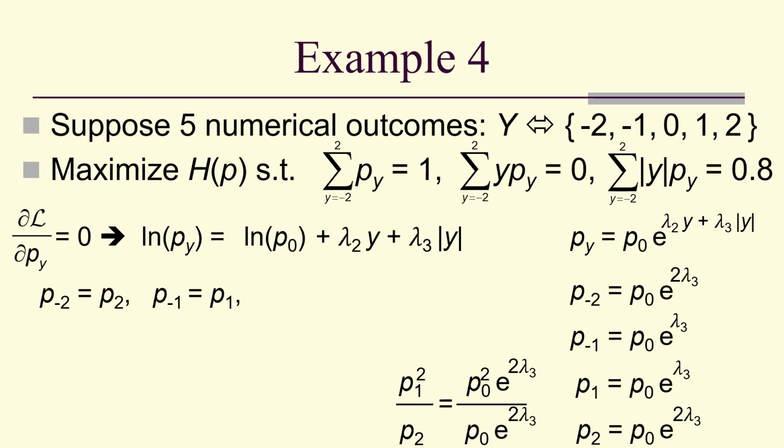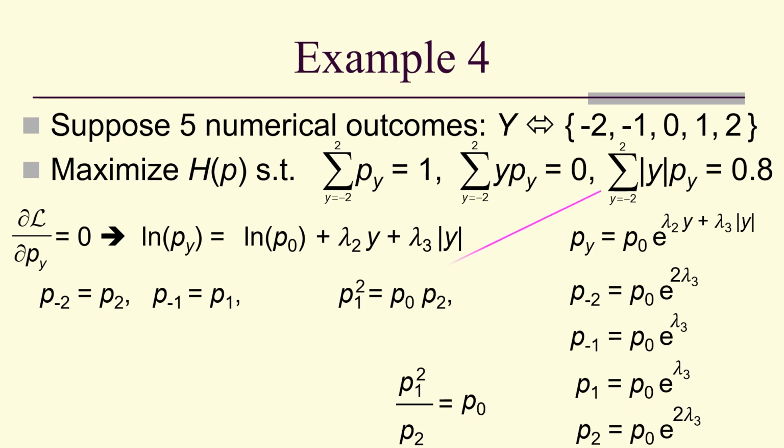But then if I divide by p2, that's the same as dividing by p naught e to the 2 lambda 3, and we get some cancellation and a single p naught. So p1 squared is p naught times p2.